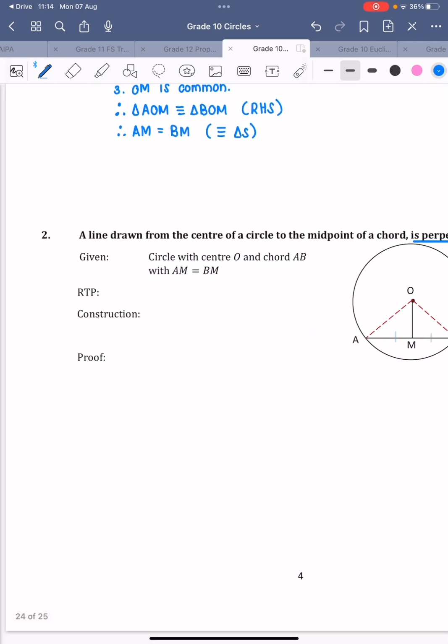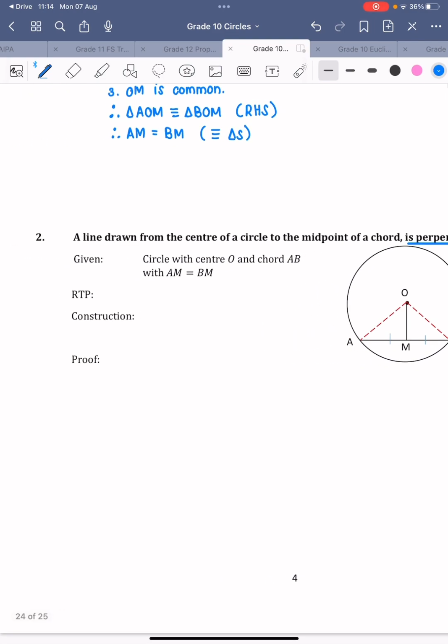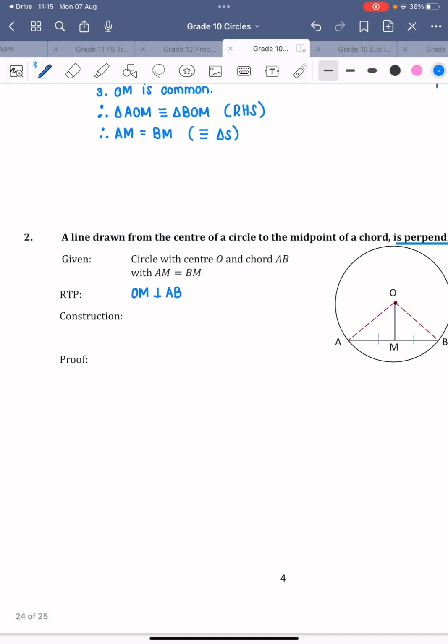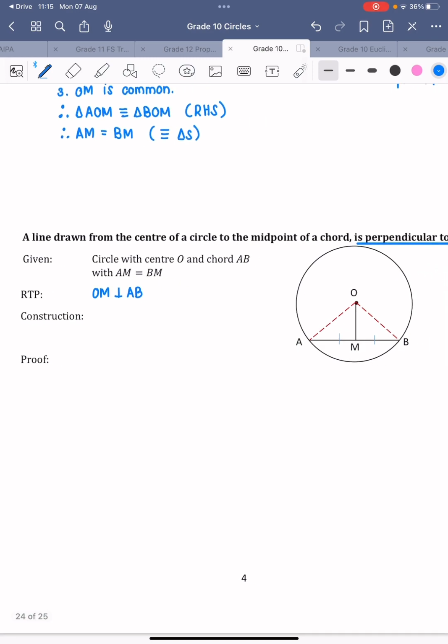Alright, so next to required to prove, you can just write OM perpendicular AB. Again, please highlight these dotted lines. Again, this is not going to be given. That is, again, the construction. So for these two proofs, you need to use the same construction. Okay, so for our construction, we're going to say radii OA and OB.